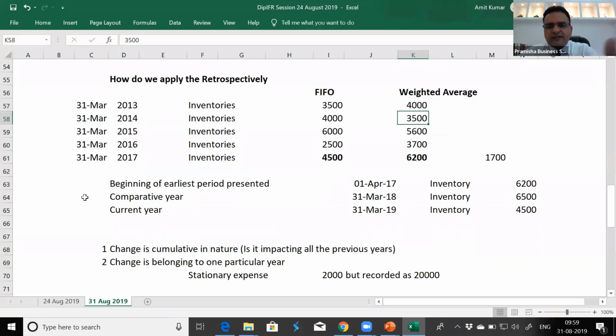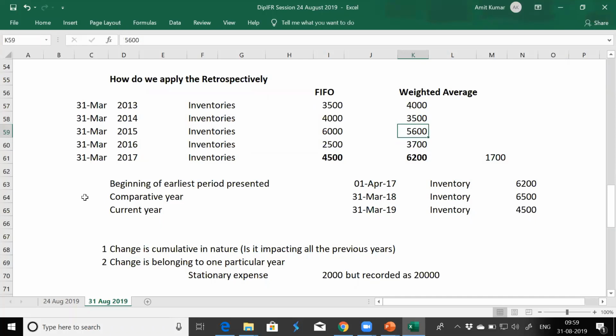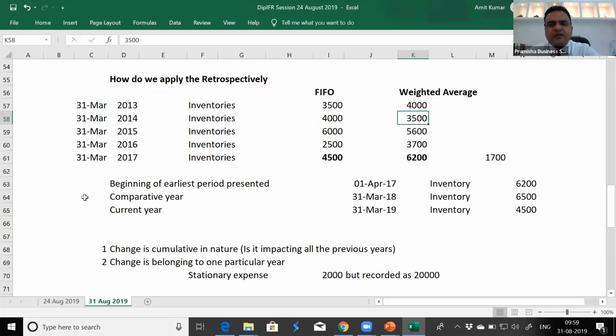The 3,500 is calculated as if we have been using weighted average. So automatically 3,500 is carried forward and recalculation is done on this for that year, and 5,600 is the new amount for 31st March 15. Then 5,600 carried forward, recalculated 3,700, carried forward, calculated 6,200. So automatically the effect is coming in because there is an interrelation.